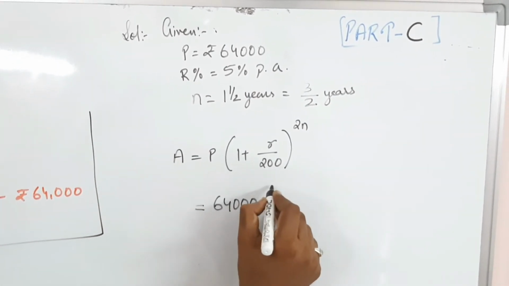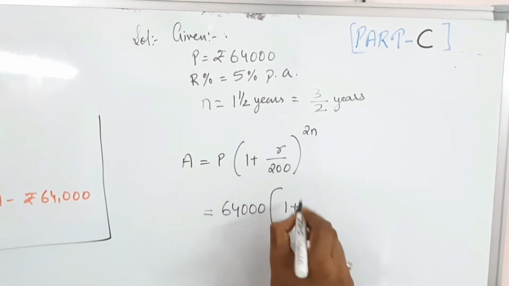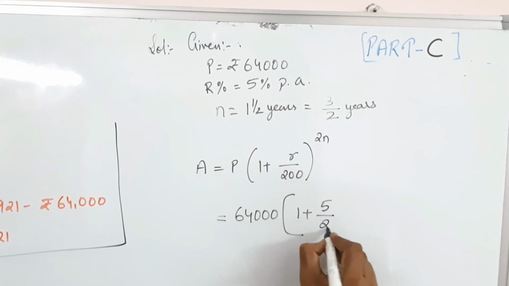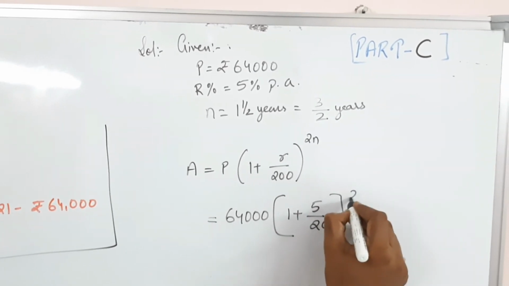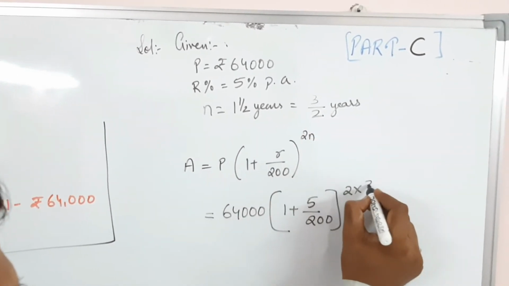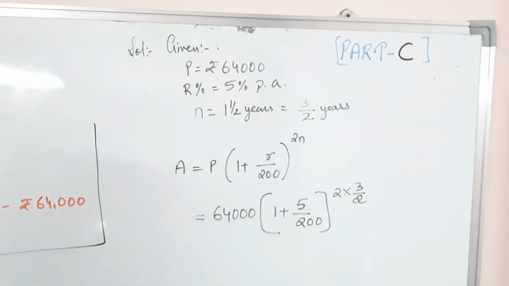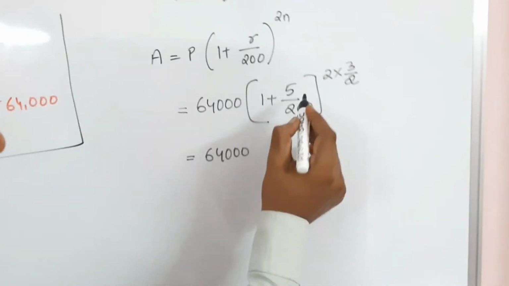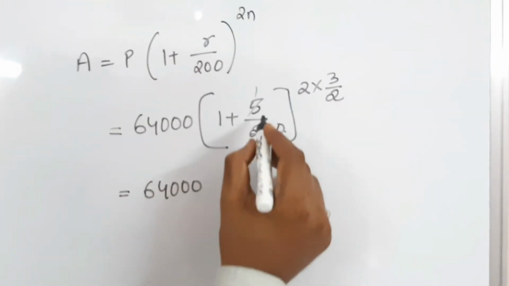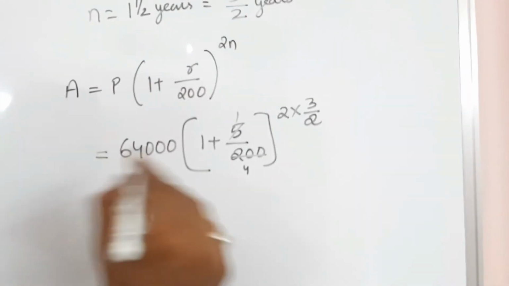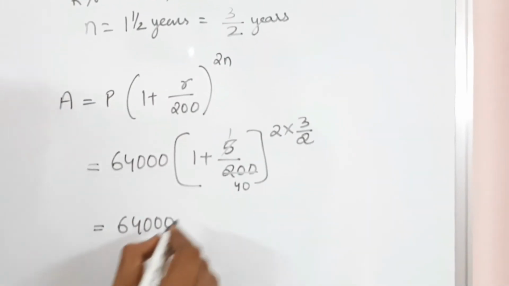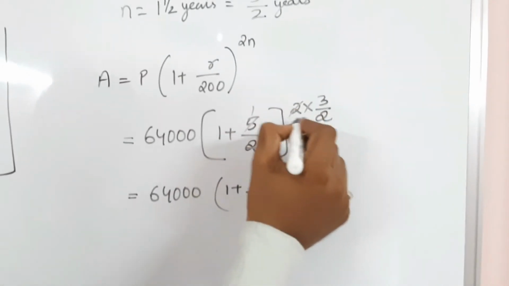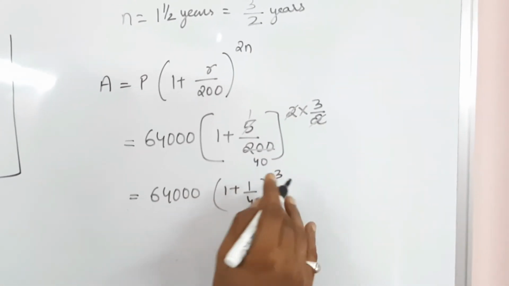Now substitute here. Principal is 64,000 of 1 plus rate percentage 5 by 200, whole power 2 into what is n, students? 3 by 2. 64,000. Here write in the smallest terms. 5 ones are 5, 4s are 20, 40. So 1 plus 1 by 40. 2 in the numerator and 2 in the denominator get cancelled.